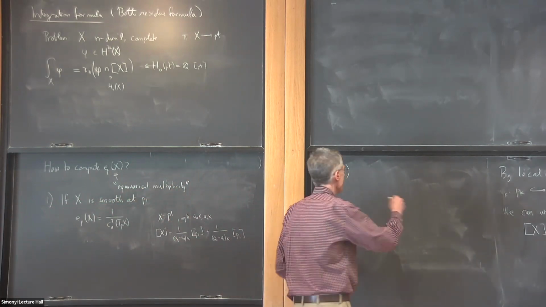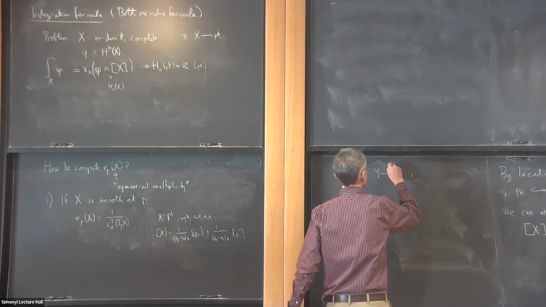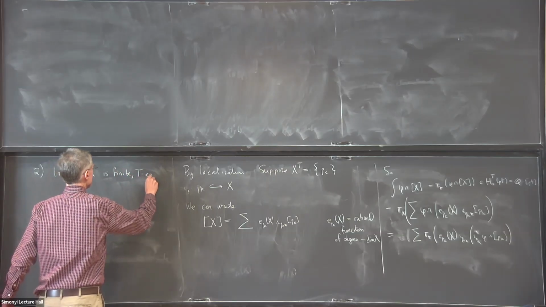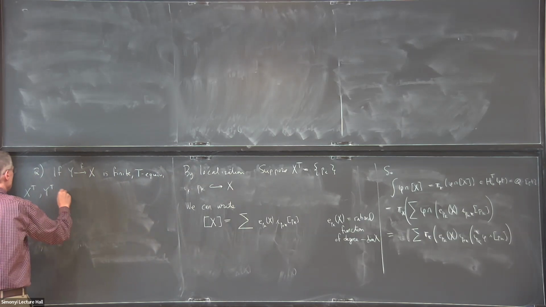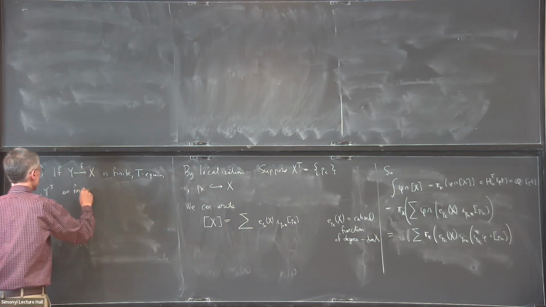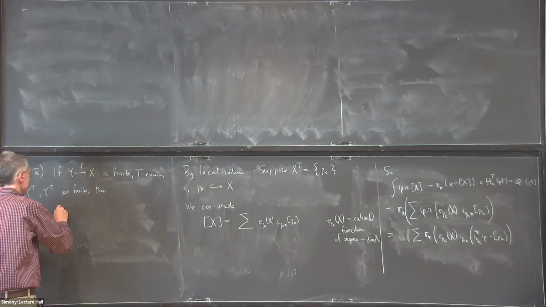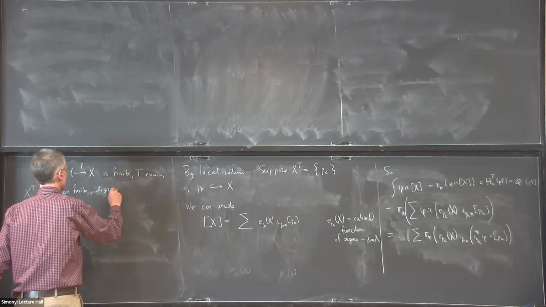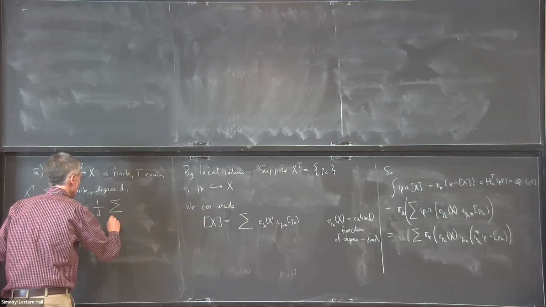In general, if you have a proper map, or a finite map, so if y to x is finite, T-equivariant, and say x^T and y^T are finite, then the equivariant multiplicity at t of x, and say finite of degree d, is going to be 1 over d times the sum over y.